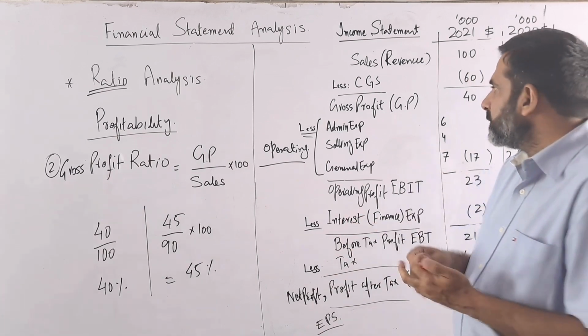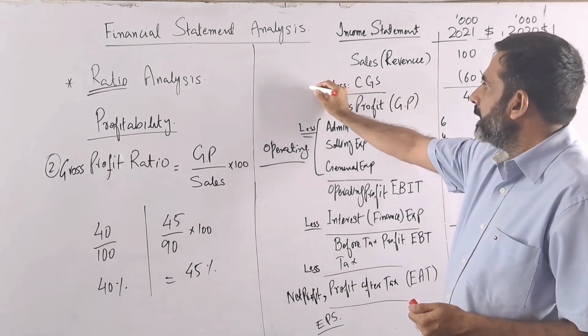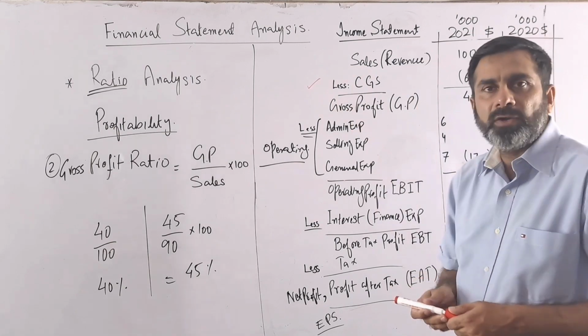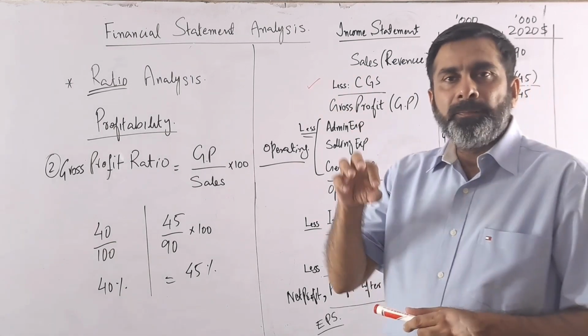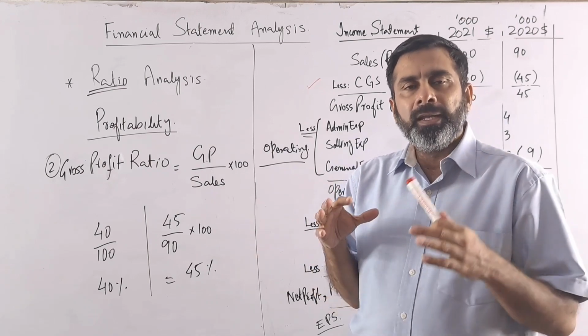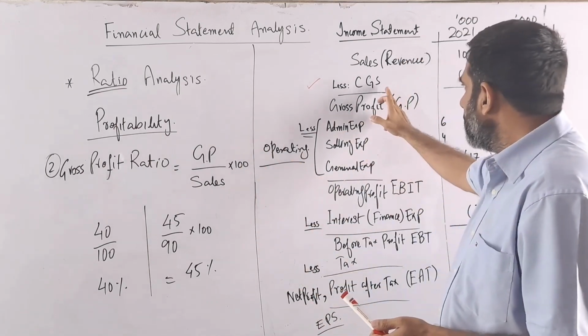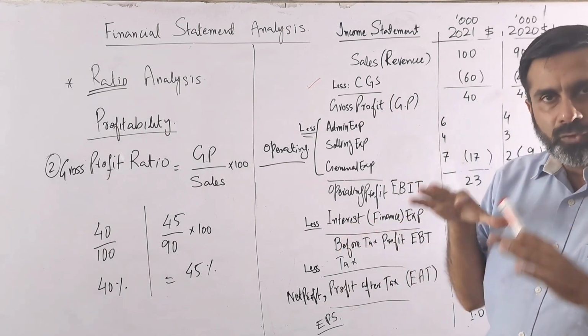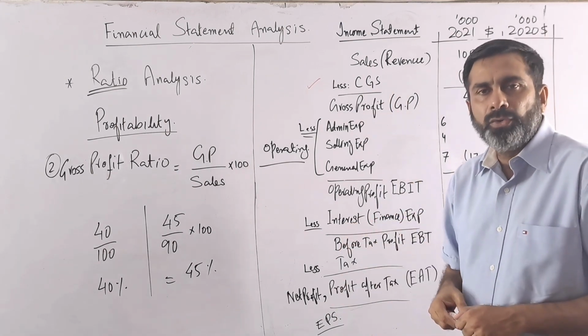But the main expense of the company is the cost of goods sold. That is the major chunk of the expenses, the major cost of any company. And if a company can control that cost, it means they are doing well.